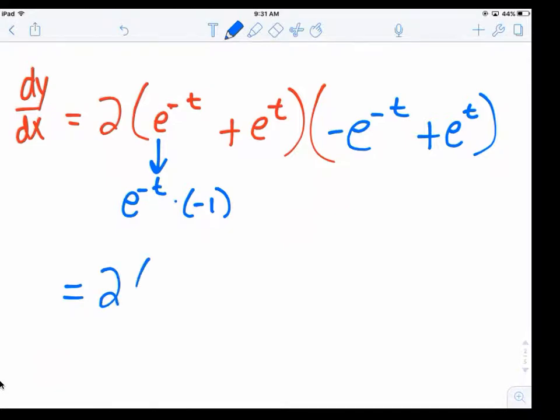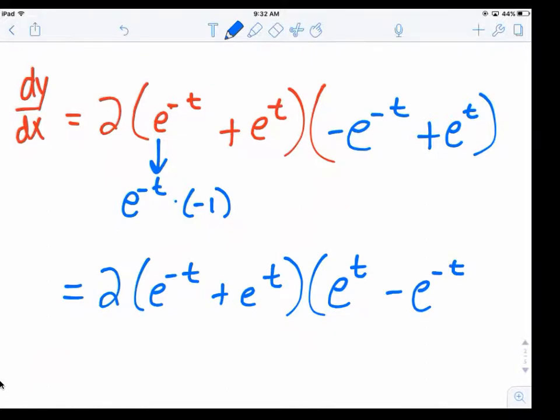All right, so you have 2 e to the negative t plus e to the t times, all right, what I want to do is reorder this term here. So I'm going to put e to the t first and then minus e to the negative t.